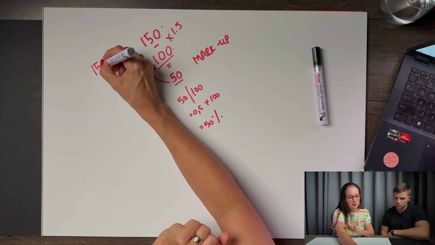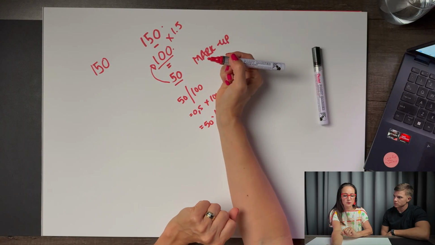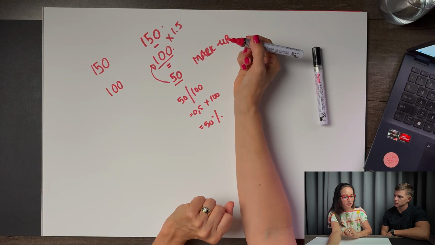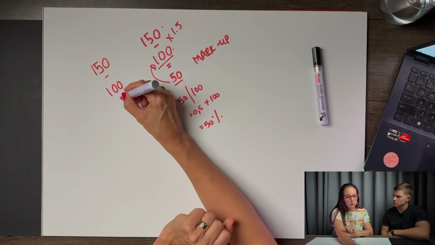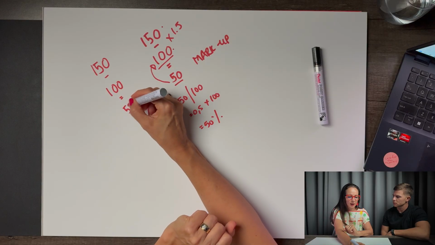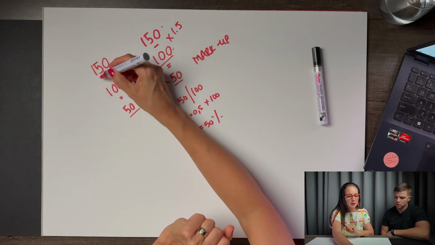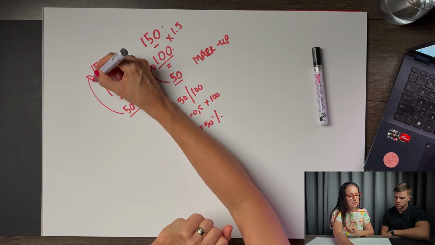To work out profit margin, we also look at what we ask the client for the product, 150 Rand, what we pay our supplier, 100 Rand, and what the profit is, 50 Rand. But now we divide the profit into the price that we ask the client.